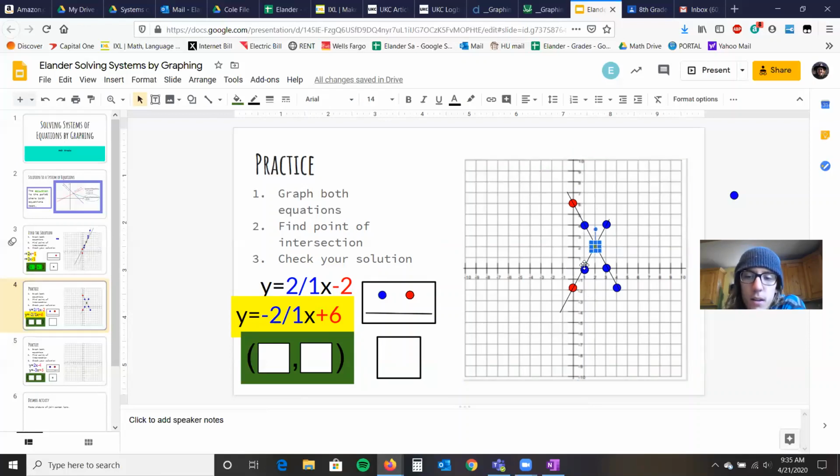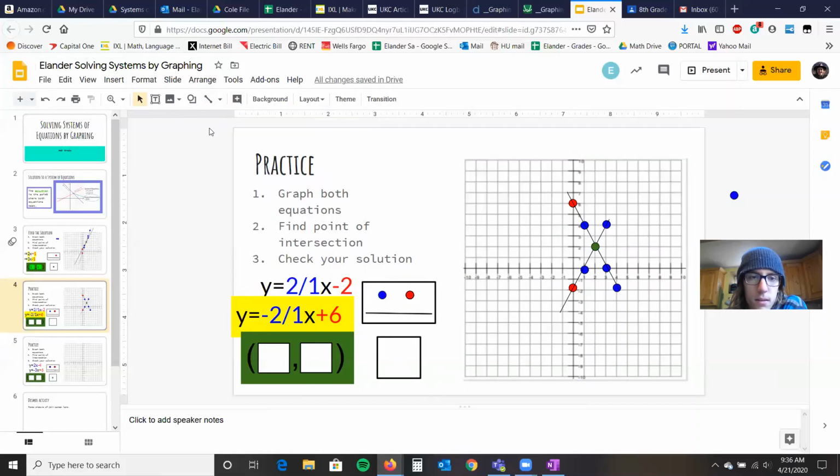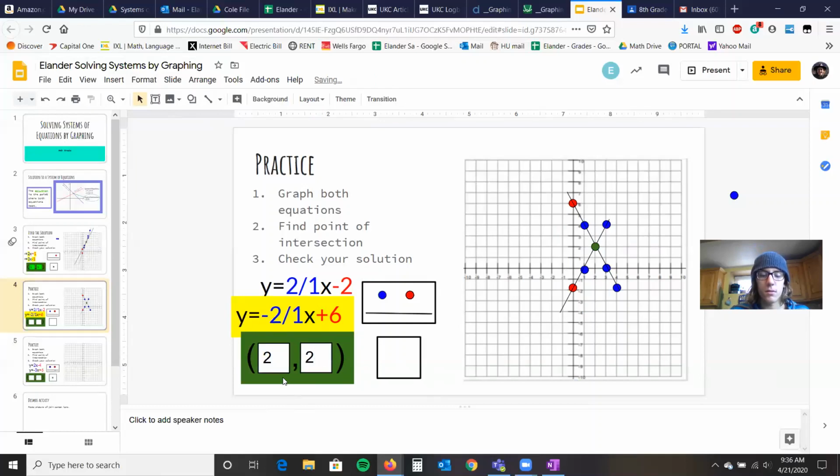I was just asking where the solution was. So it'll be 2 over, right? And 2 up. So 2 comma 2, right? X is 2, the y is 2. So that's what we're going to write in here. So we would say our solution is 2 comma 2. And that's our answer, okay?